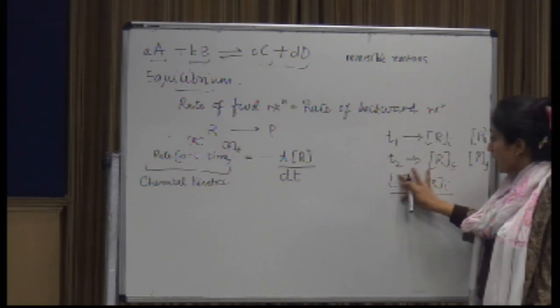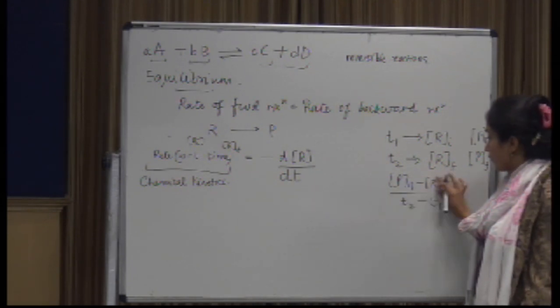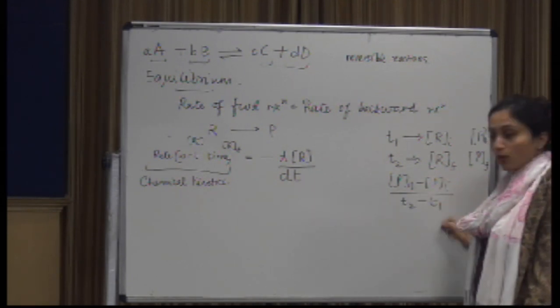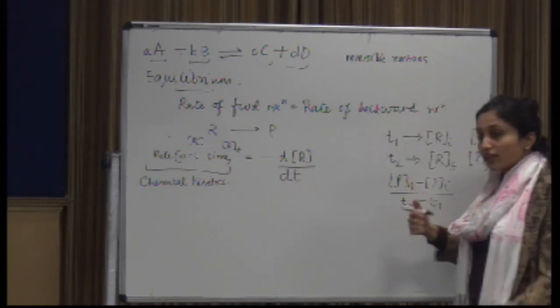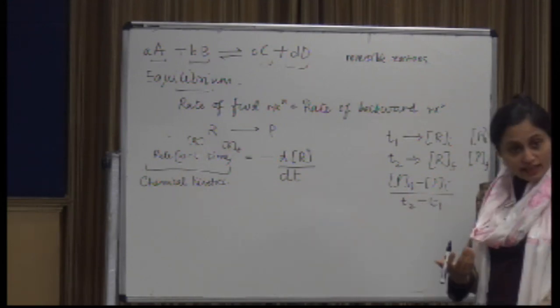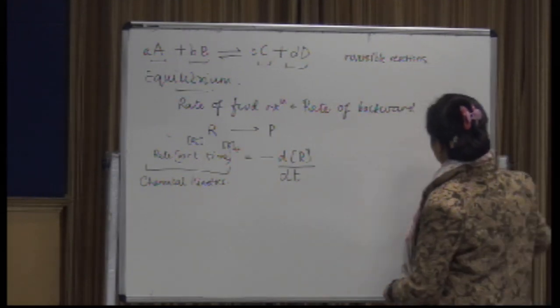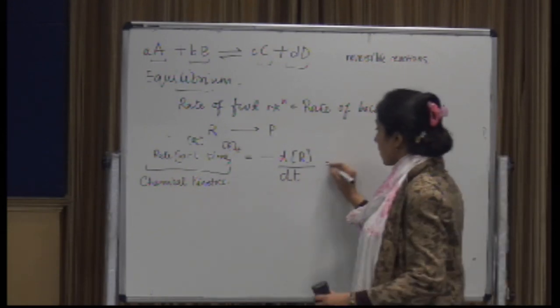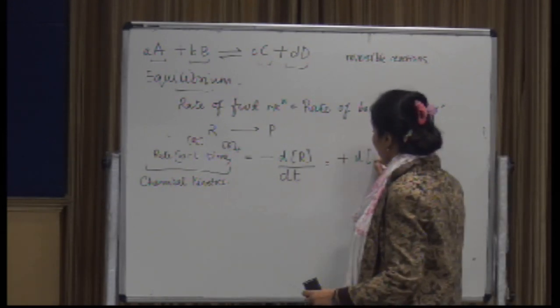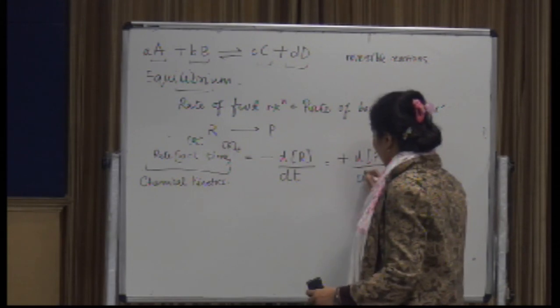Again, my rate can also be defined as Pf minus Pi upon t2 minus t1, but in this case your product concentration is increasing with time. So you can also put this expression as plus dP by dt.